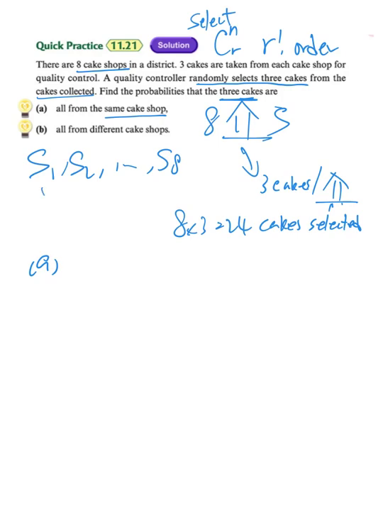Okay, so that means that the meaning of the same cake shop has 8 meanings. But of course, you can see that these 8 meanings have the same mechanism, which is that you need to choose all of them. So that means 3C3, so 3 cakes from the same cake shop. You need to choose all of them in order to make sure they're all from the same cake shop.